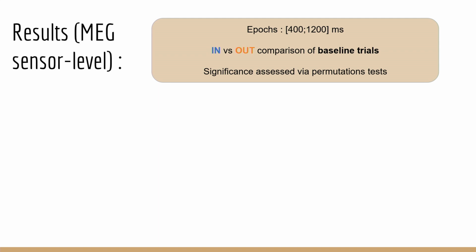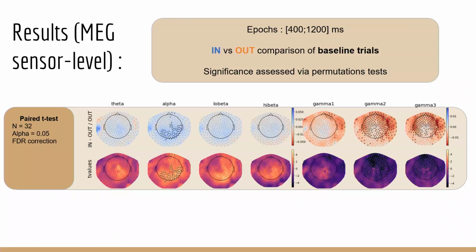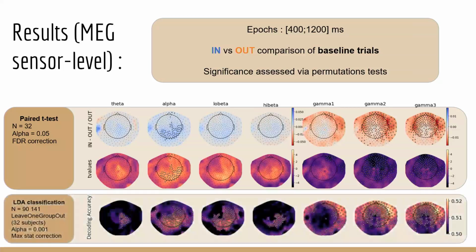And we compared trials that were done in an optimal and suboptimal state. So we first ran a t-test on the average data, and we also added logistic regression analysis in order to explore the same data set but at the single trial level.